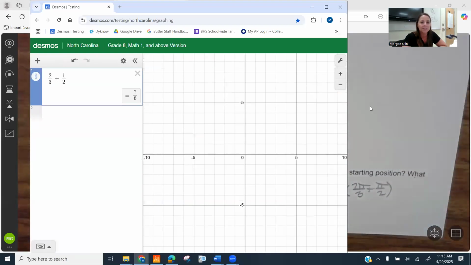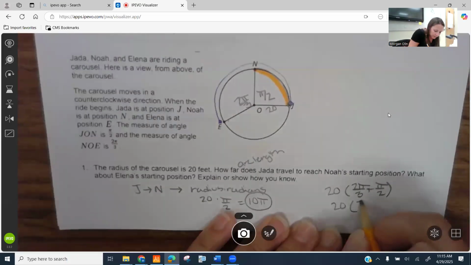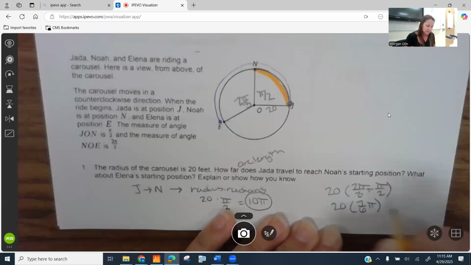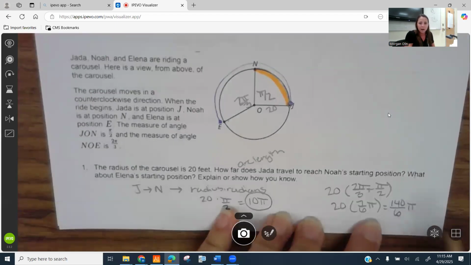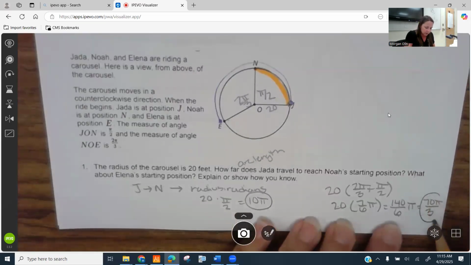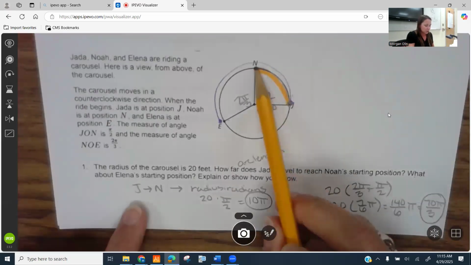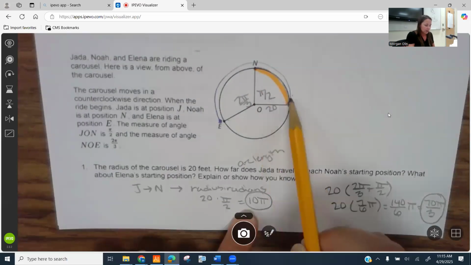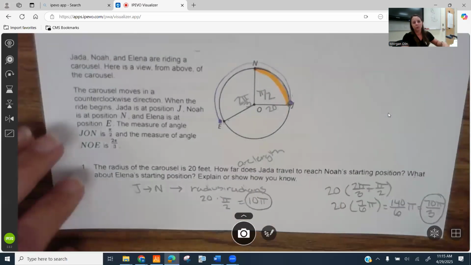That makes 7/6. So really, this is 20 times 7/6 pi. If I multiply the tops, that gives me 140 over 6 pi. And then I can take a 2 out, so that's going to make 70 over 3. So the distance from Jada to Noah is 10 pi. The distance from Jada to Elena is 70 pi over 3.